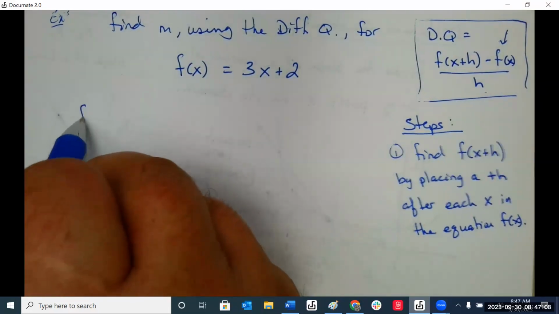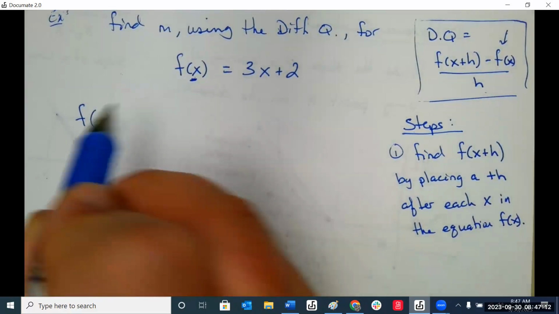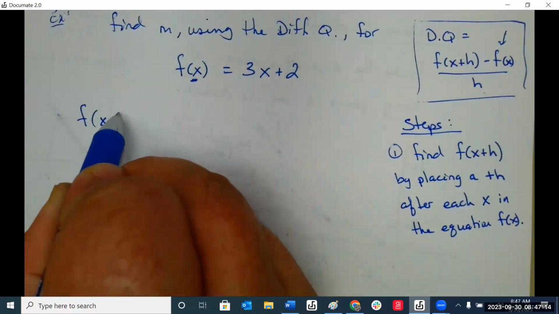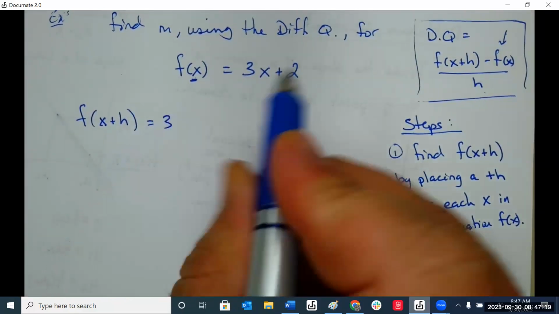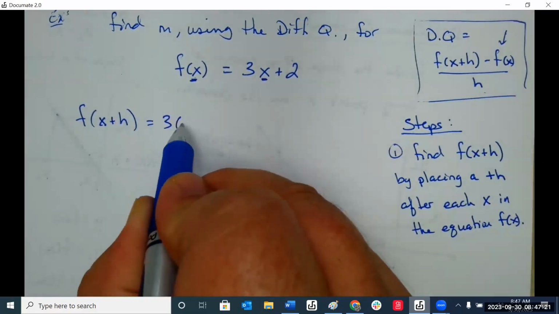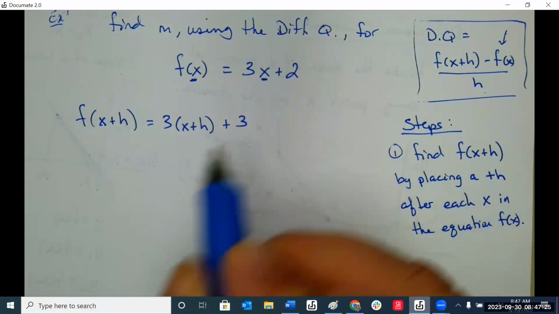So here's our first x. Put a plus h behind it. Here's another x. So I've put a plus h behind that. Oops, it's 2.